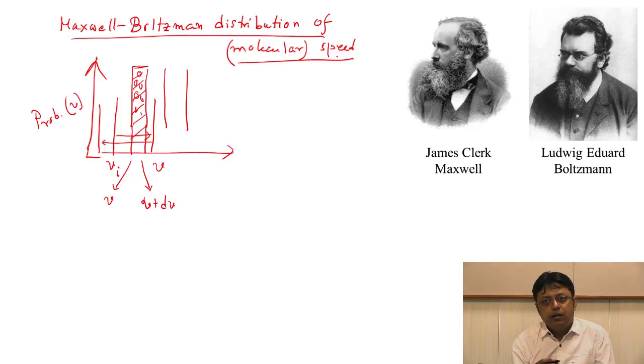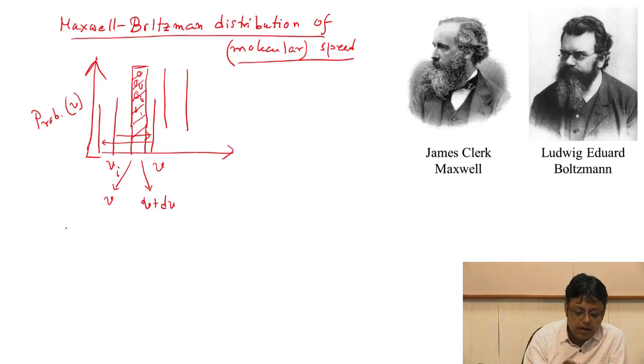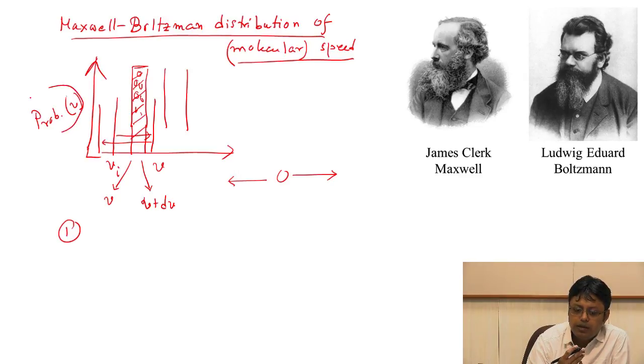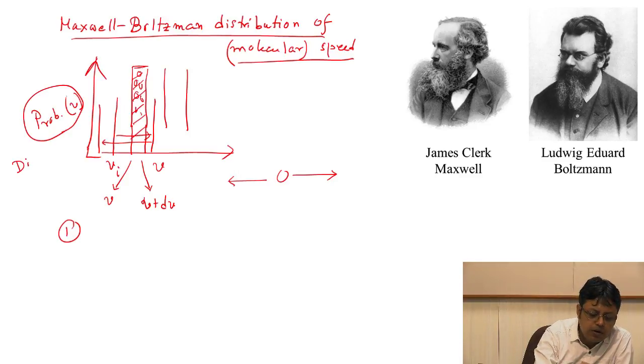Now the assumptions are, think about it, our molecules are moving around, and the first assumption we are making is that the molecule has an equal probability of going to the right or going to the left. Now what we are going to formulate is a probability function, known as a distribution function, because it tells us the distribution or probability of the molecular speed, a distribution function of v.